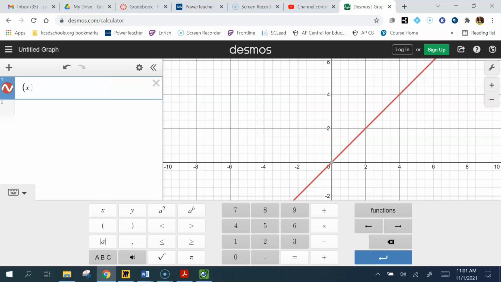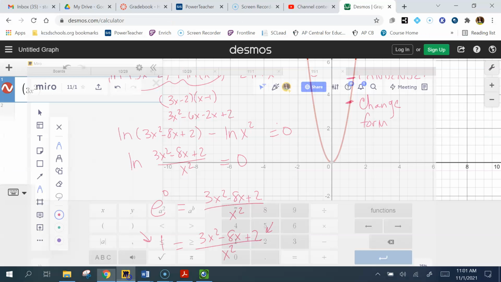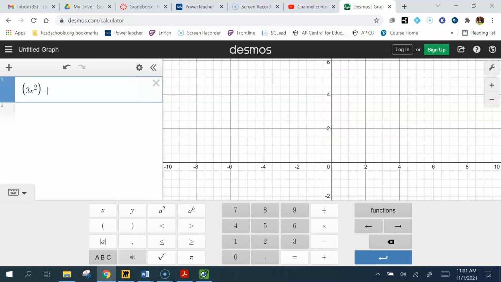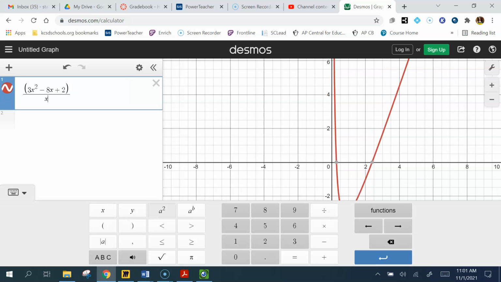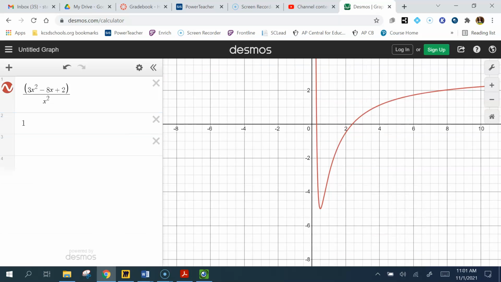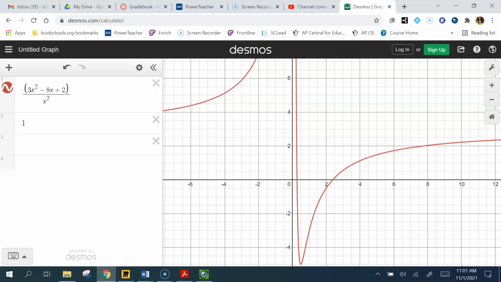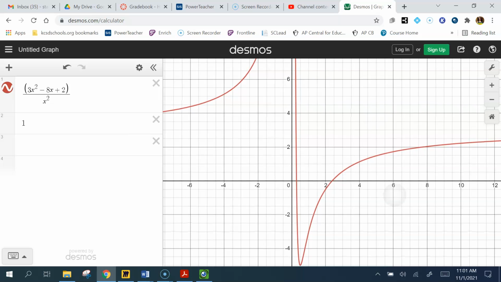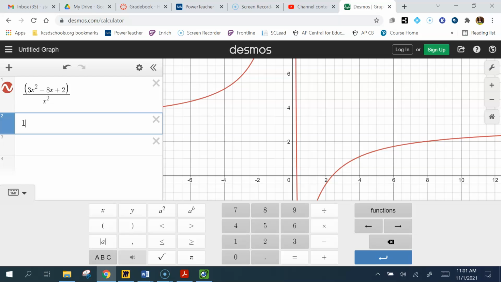Well, you'll end up with a remainder because it's not a factor. What do we have here? 3x squared minus 8x. Oops. Plus 2. And I am also going to graph the line y equals 1. Why is it not graphing?